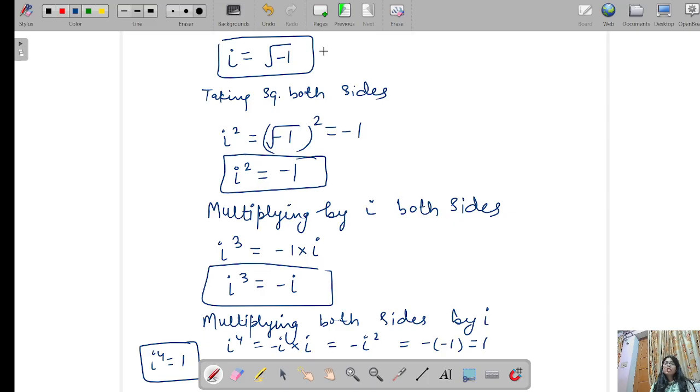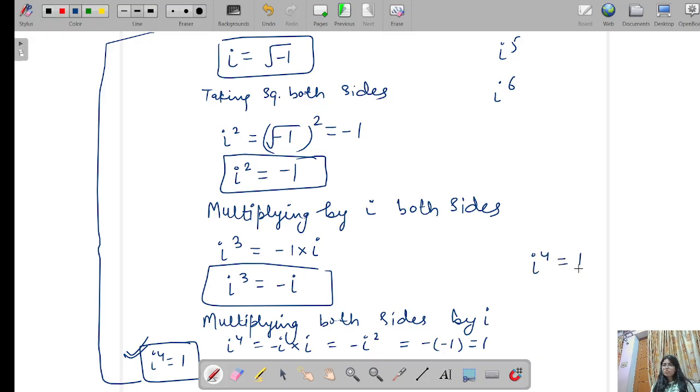Now, if I'm further going to find the values of iota 5, iota 6, I will come from this. Now, I have written iota raised to the power 4 is 1.